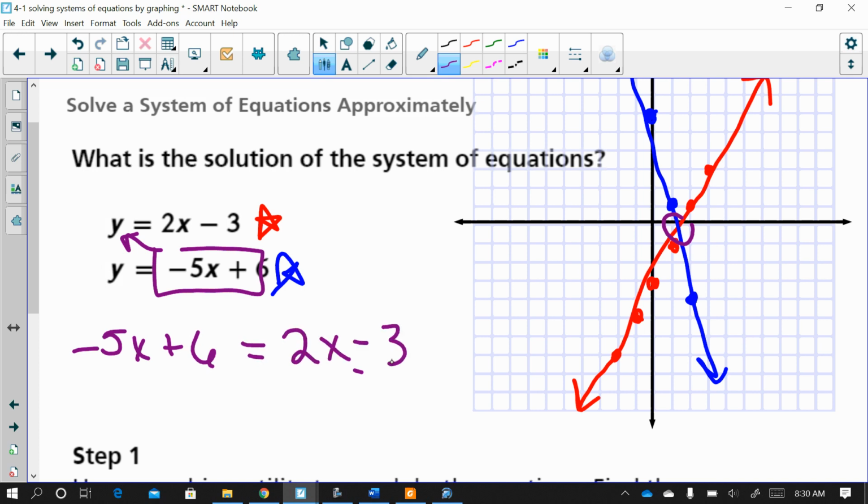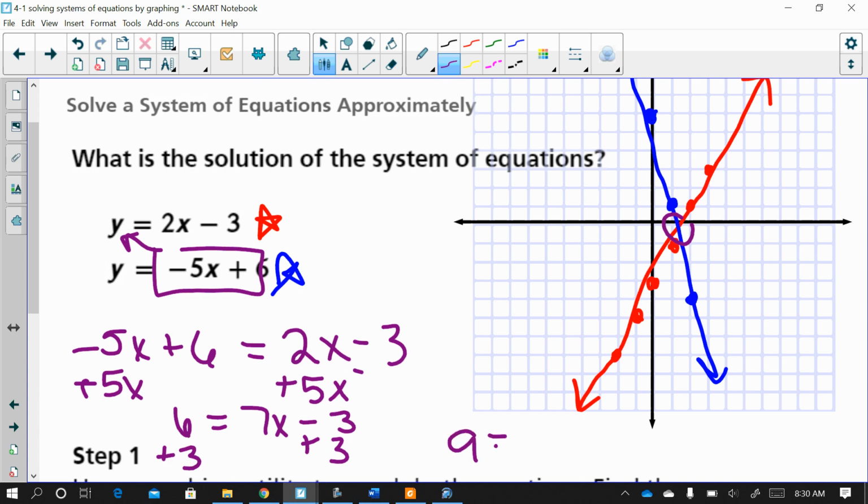I'm just plugging that in. Now we can solve using algebra. We can add 5x to both sides. 6 equals 7x minus 3. Add 3 to both sides. 9 is equal to 7x. Divide by 7. x equals 9 over 7. That is an exact solution.